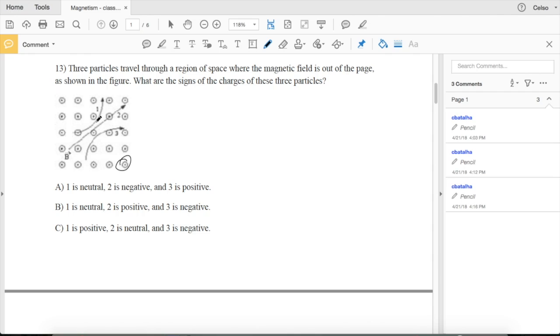Now, particle number one, the magnetic force is like this. And particle number two, the magnetic force is none. Right? There is no force because the particle does not change.